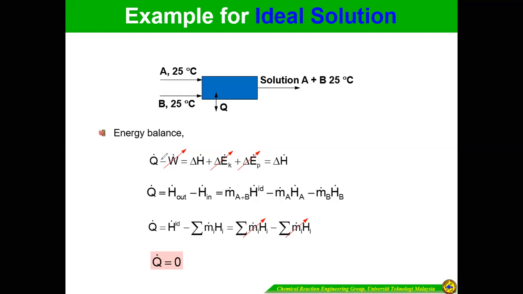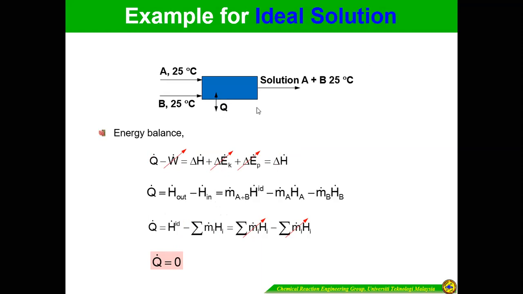If you consider Q minus W equals delta H plus kinetic energy, potential energy, we can just cancel out and neglect those. So H out minus H in, since this is ideal, is actually equal to 0. This only occurs for ideal mixing. If you refer to chapter 11, it's also 0.